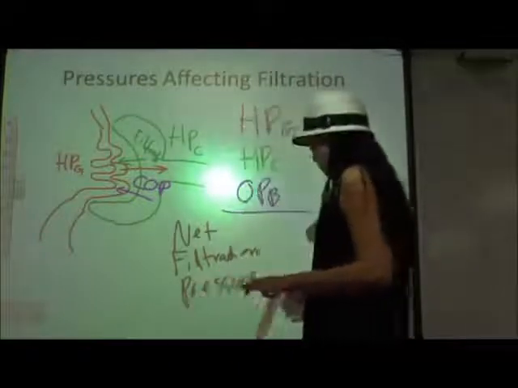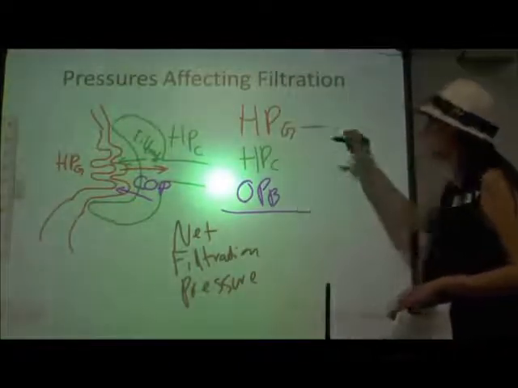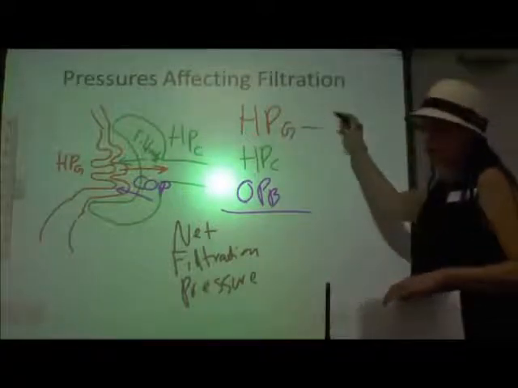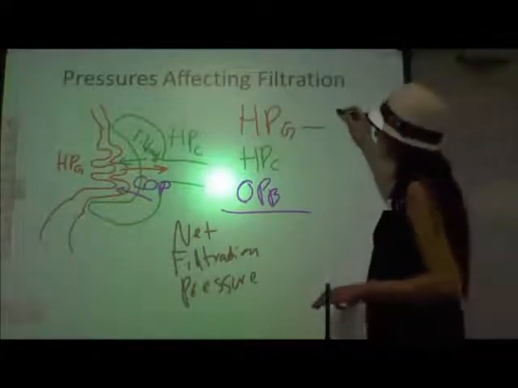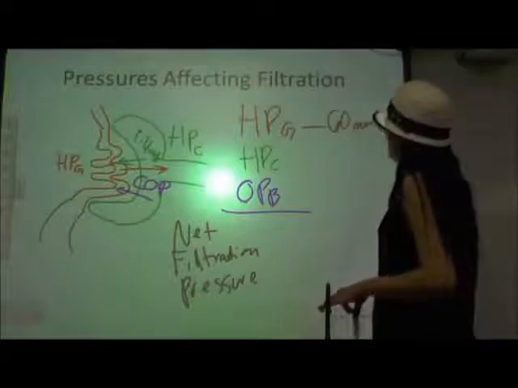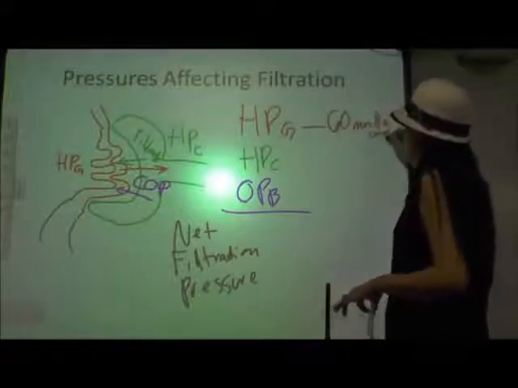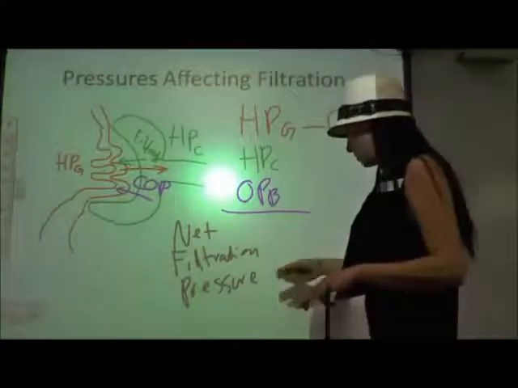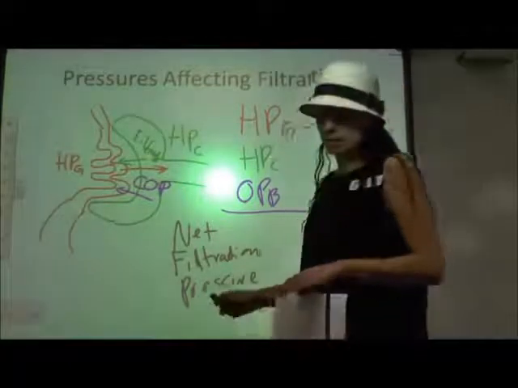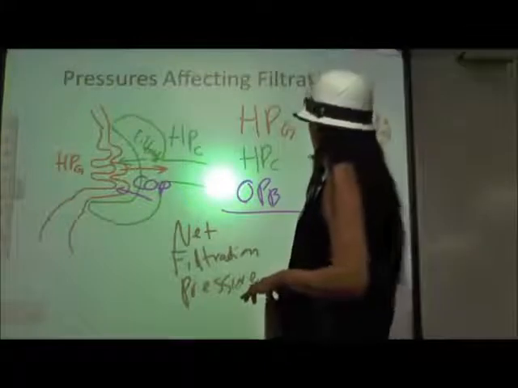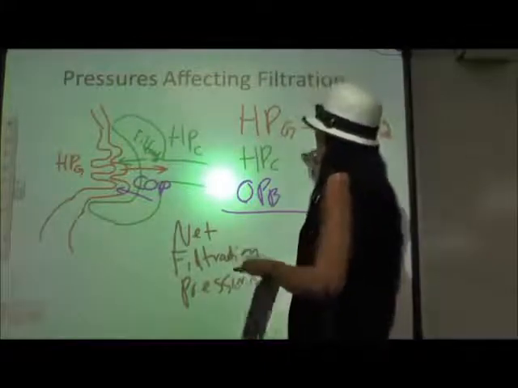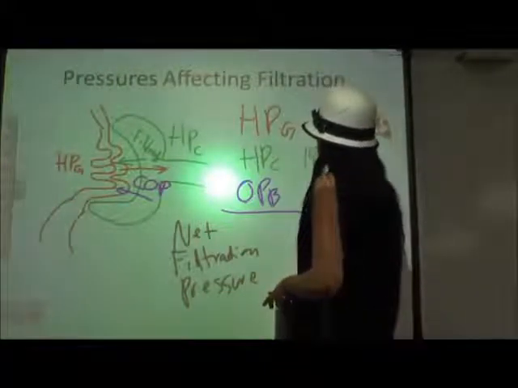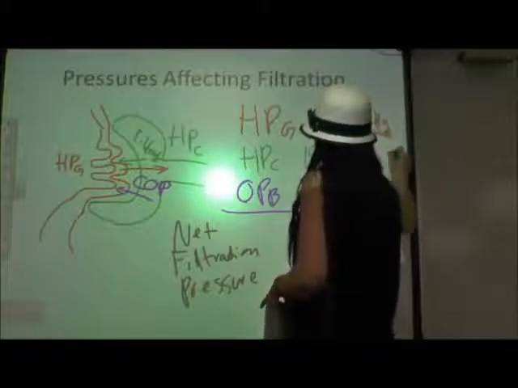And a reasonable value for our glomerular hydrostatic pressure can be something like 60 millimeters of mercury out, pushing the fluid out. But then our hydrostatic pressure pushing back in, we have to take into account, and an average for that would be like 18 millimeters of mercury back in.